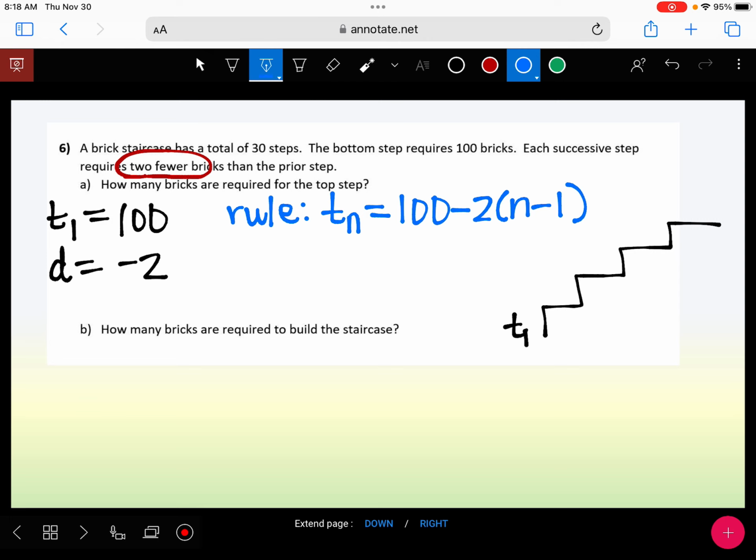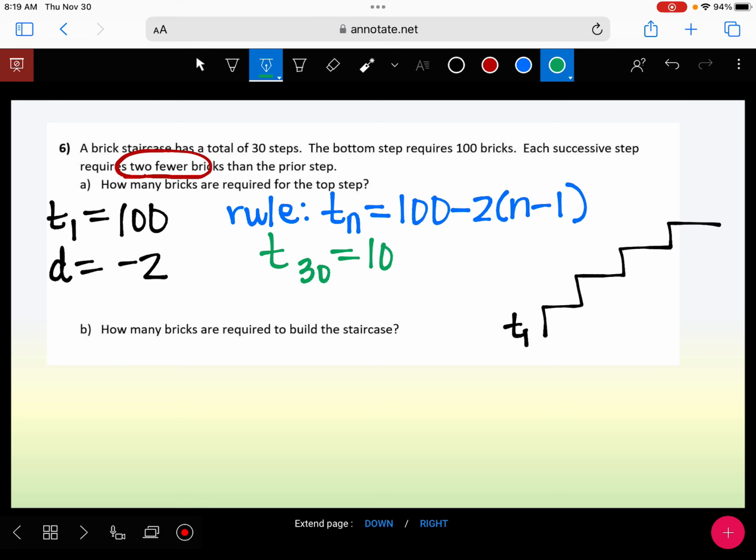So after you have your rule, we need to figure out how many bricks they used at the top step. Now, how many steps are in this staircase altogether? 30. That's a lot of steps. So you need to figure out how many bricks they use for the 30th step.